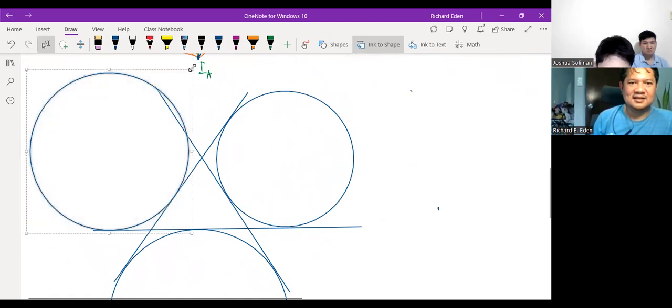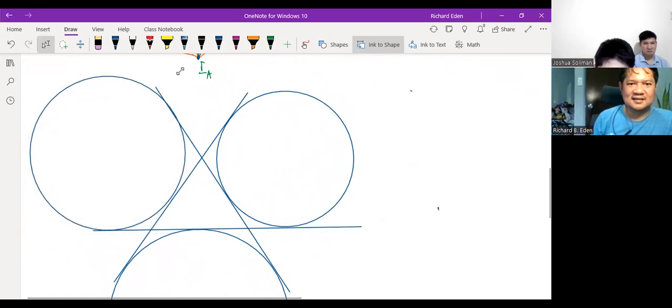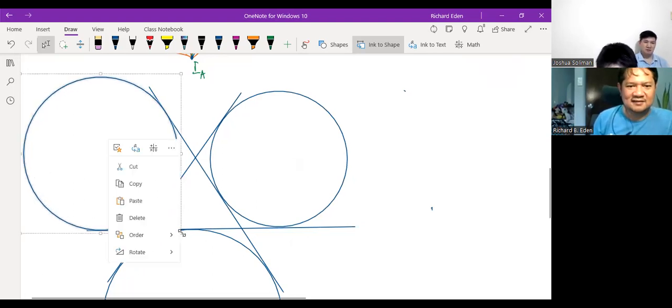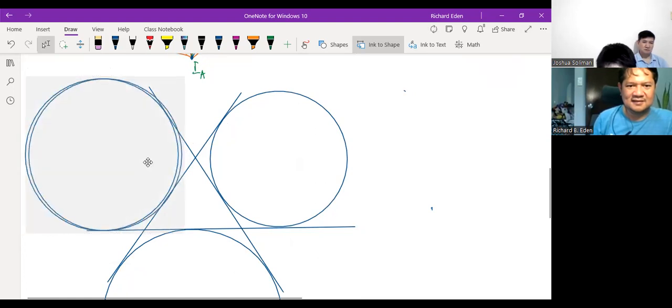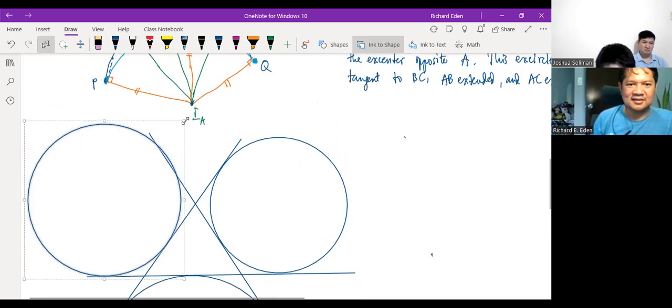Circle-ish naman siya. Okay. Konti pang liit na ba? Konti na. Dito sa upper.